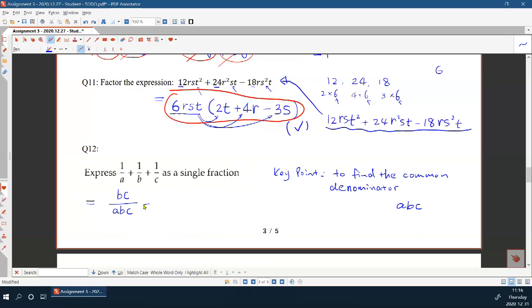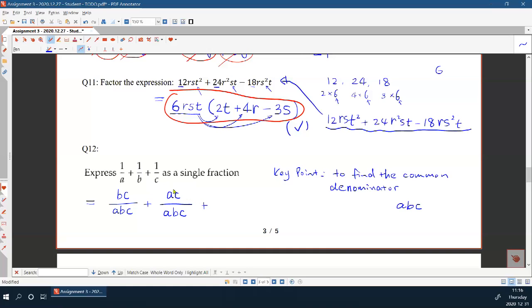Okay. The second term is, once the denominator becomes abc, the numerator becomes ac, right? Because you multiplied the denominator with an ac, so you have to multiply the numerator with the same coefficient ac.